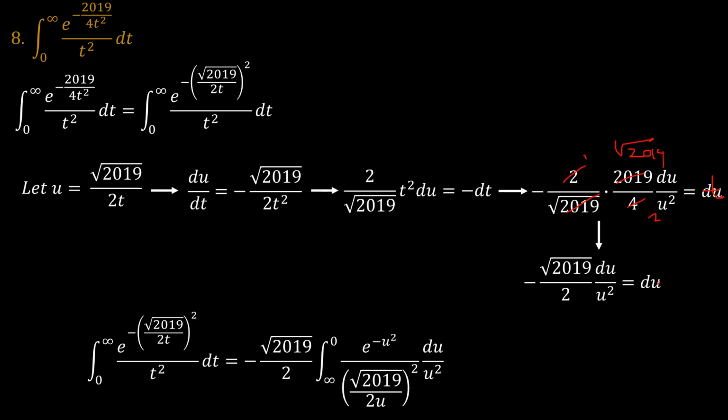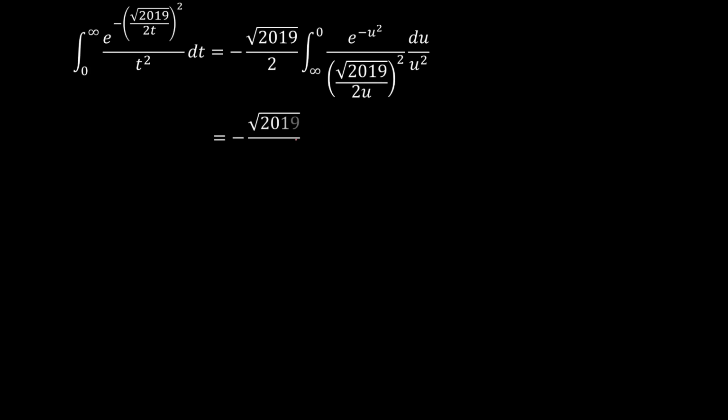So we had substituted for dt with this expression here. Going in, we have negative 2019 over 2, integral from u equals infinity to u equals 0 of e to the power negative u squared over square root of 2019 over 2u squared times du over u squared.